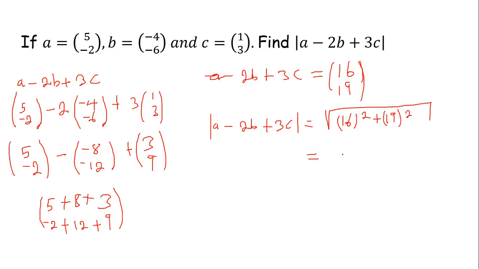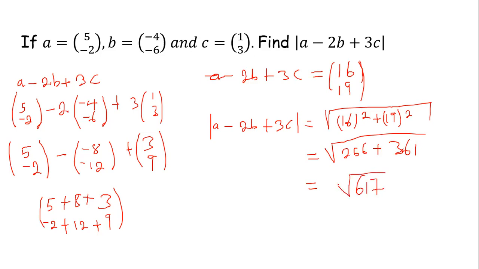So 10 squared gives us 100, plus 19 squared gives us 361, under square root. So we add 361 plus 100, and that will give us 461.